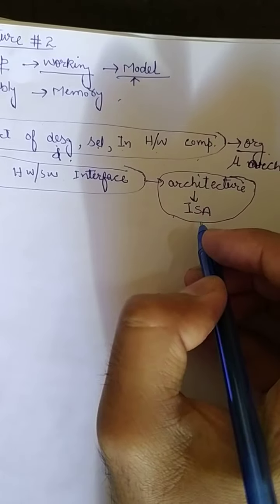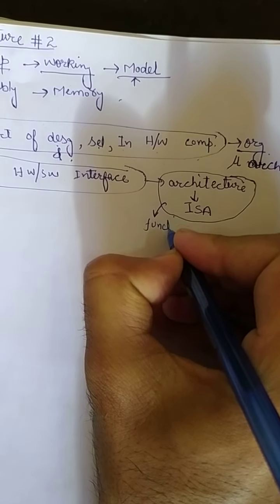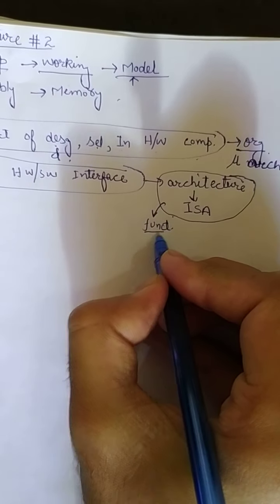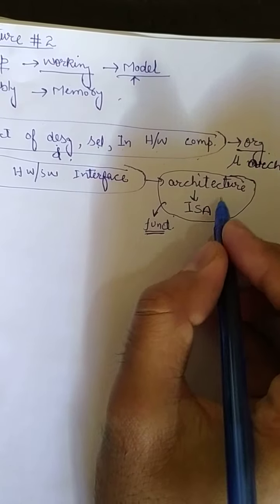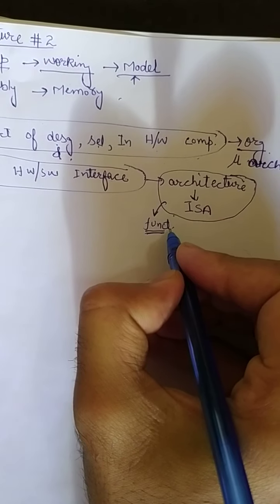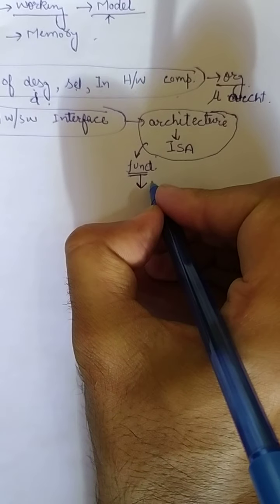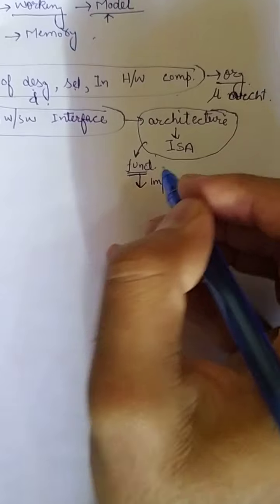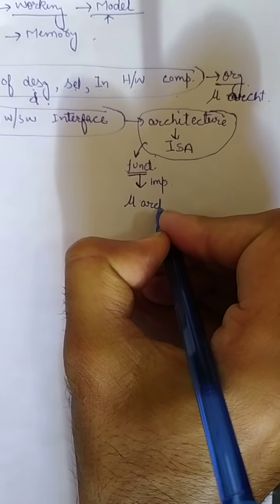The ISA specifies the functionality of our hardware, how it should work, and what assumptions we have to make. Everything is defined in the ISA. After defining the ISA, we then implement it, and the implementation of a particular ISA is called the micro architecture.